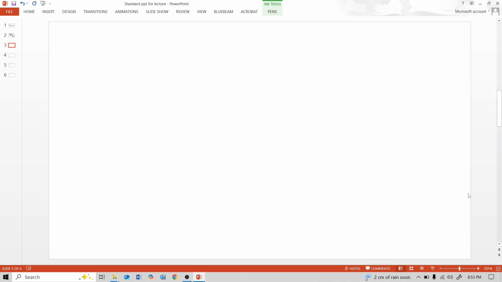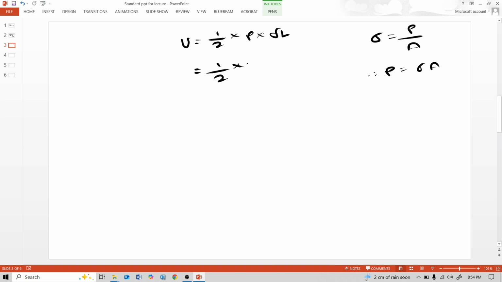So strain energy stored U is equal to half load into deformation. And we all know that stress is equal to load upon area. That means this load is equal to stress multiplied by area. So here this load is nothing but stress multiplied by area.